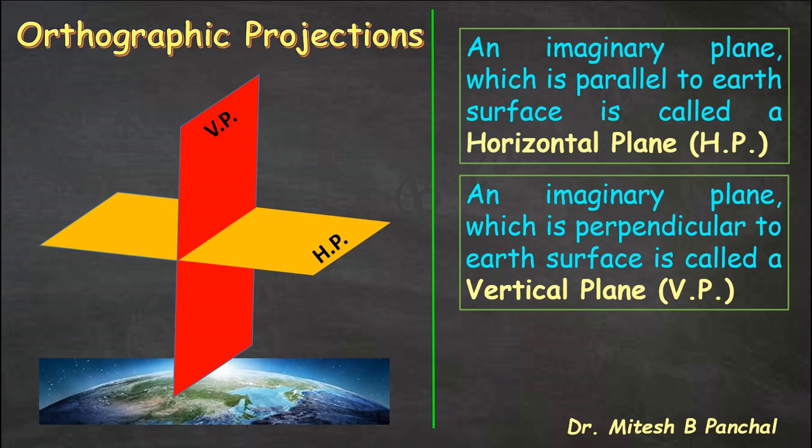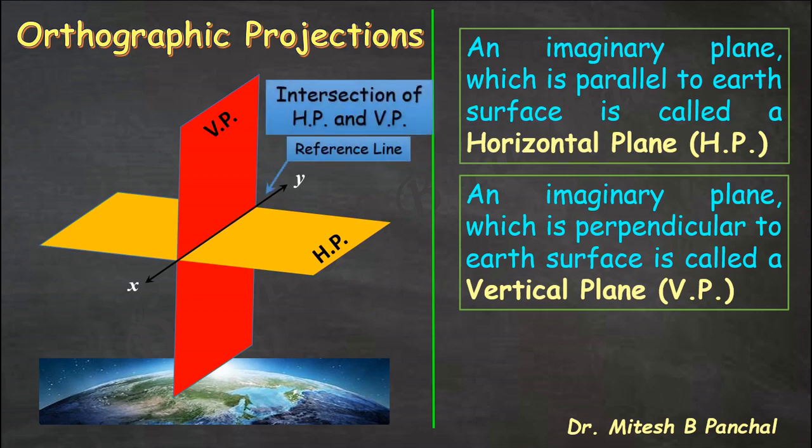So here the intersection of HP and VP is nothing but the XY line. This intersection line is also known as the reference line.